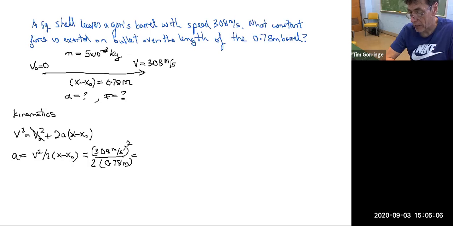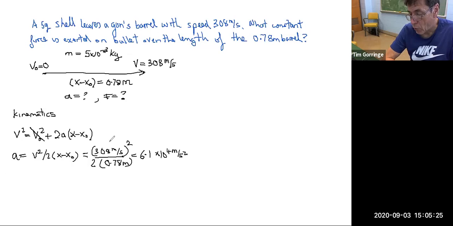If we carry out that calculation, let me do it quickly on my calculator, it comes out to be 6.1 times 10 to the 4 meters per second squared. That's an acceleration.